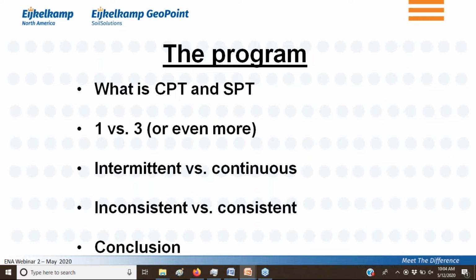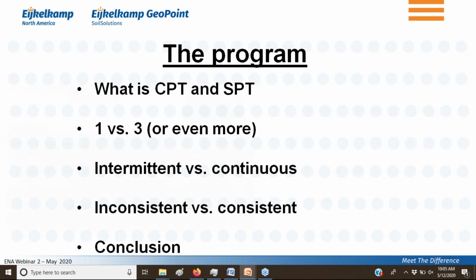You could look at these test methods from all kinds of other different angles, but since we are trying to limit these webinars to 25 minutes with a little bit of Q&A so that we don't exceed the half an hour, that's about all the time that I have, and then we'll come to a conclusion, and we ask you then to give your opinion again through a second poll.